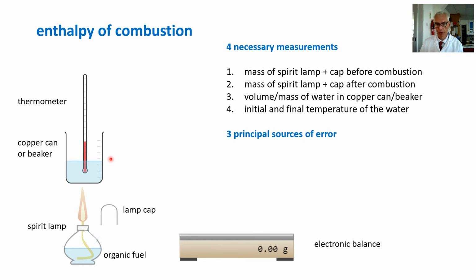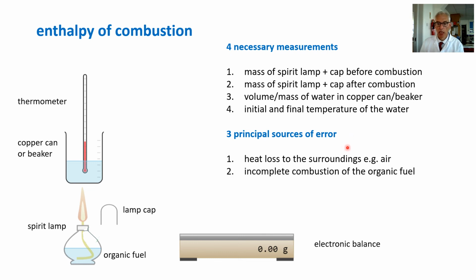So the 3 principal sources of error are obviously heat loss to the surroundings other than the copper can and the water in the copper can, I should say. So heat loss to the surroundings, the air that is surrounding the apparatus. The organic fuel may not combust completely, so there may be some soot or carbon monoxide in incomplete combustion.